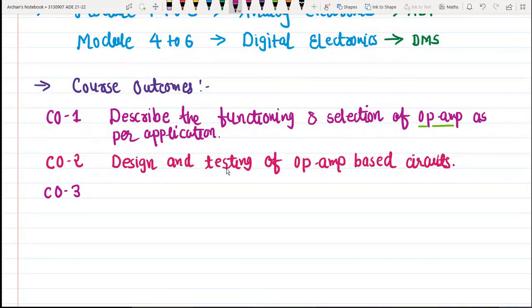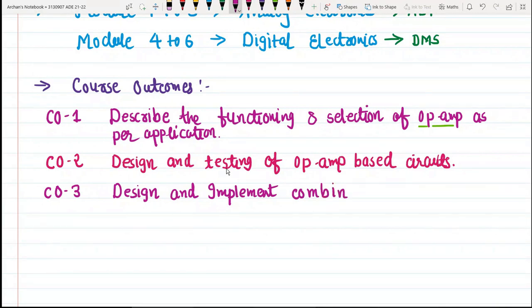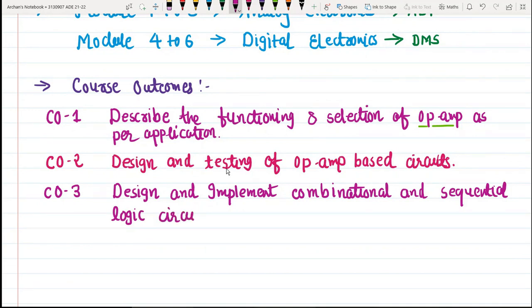Okay, so what you will be able to do is, you will be able to design as well as implement combinational and sequential logic circuits, right?